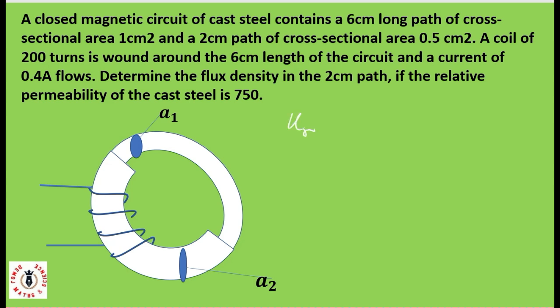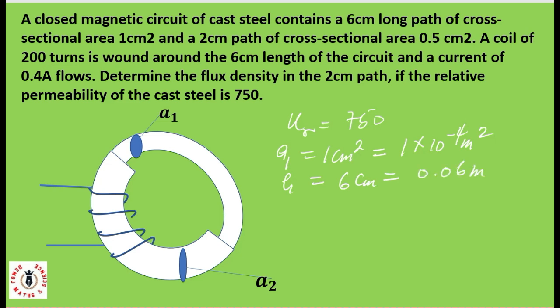We have that mu r is given as 750. Now the magnetic circuit is a closed magnetic circuit and it's made up of two different parts. The first part, let's tag it as A1, has an area of 1 centimeter squared, which is the same thing as 1 times 10 raised to power minus 4 meters squared, and it has length L1, which is 6 centimeters, the same thing as 0.06 meters.